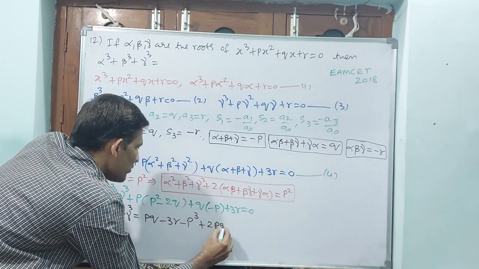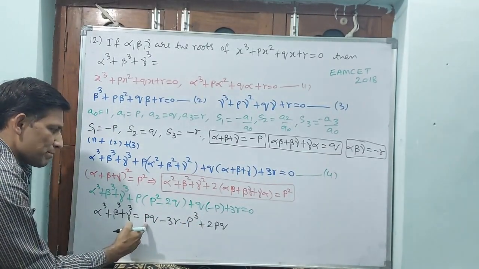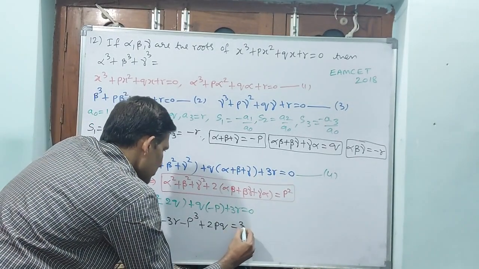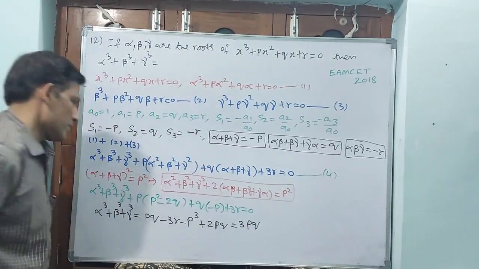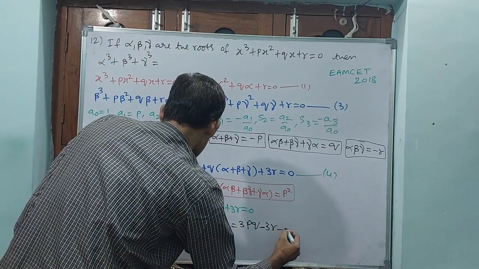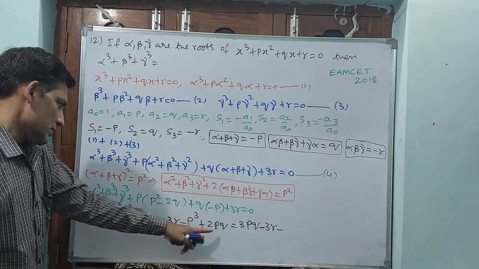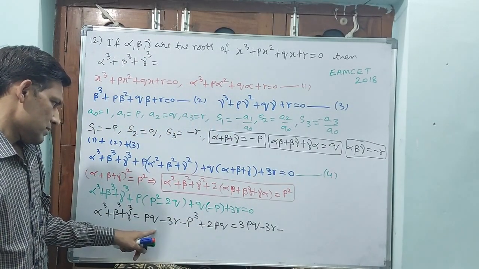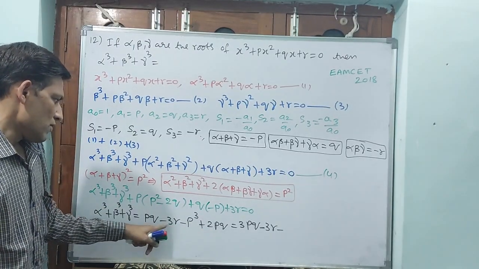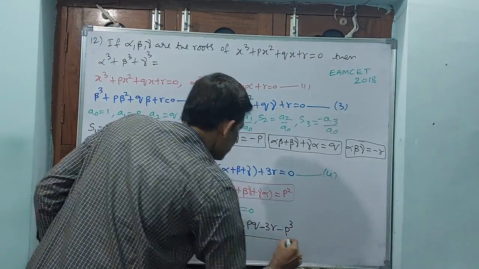Plus 2pq plus pq plus 3pq. That is equal to 3pq minus 3r minus p cube. See, this is your answer.